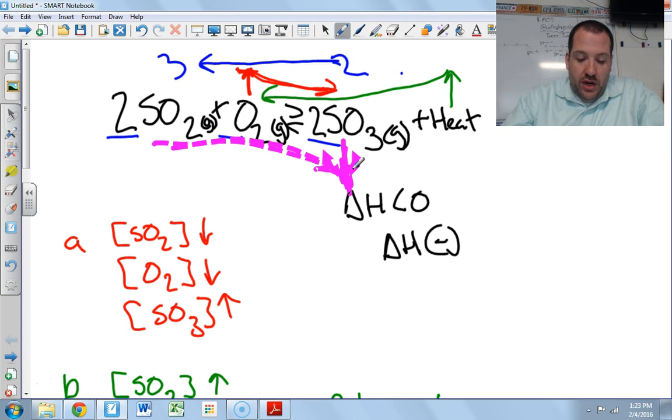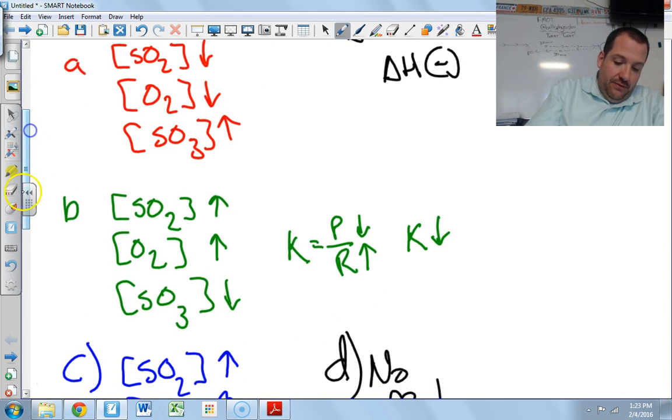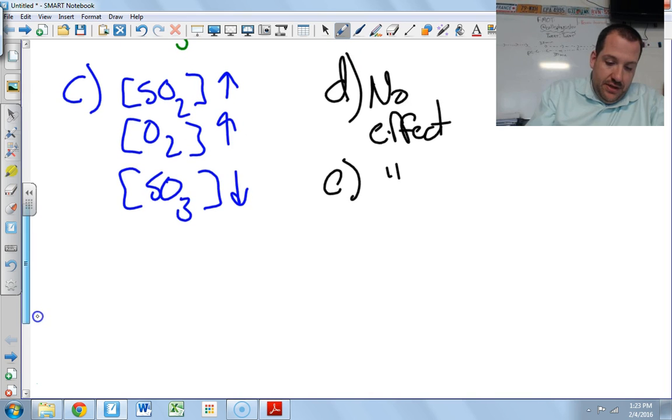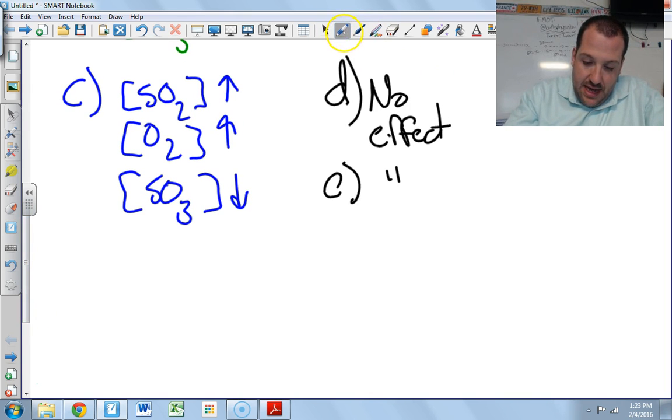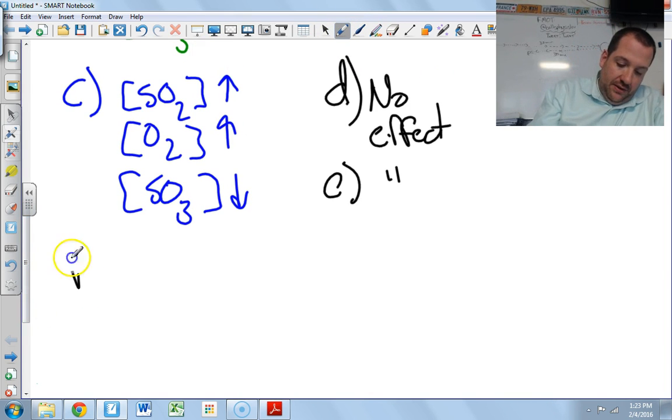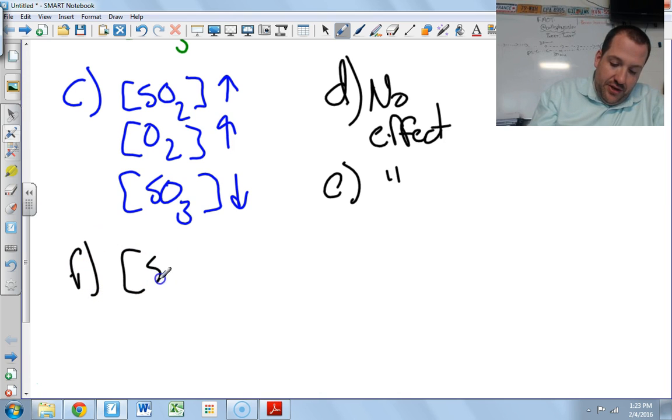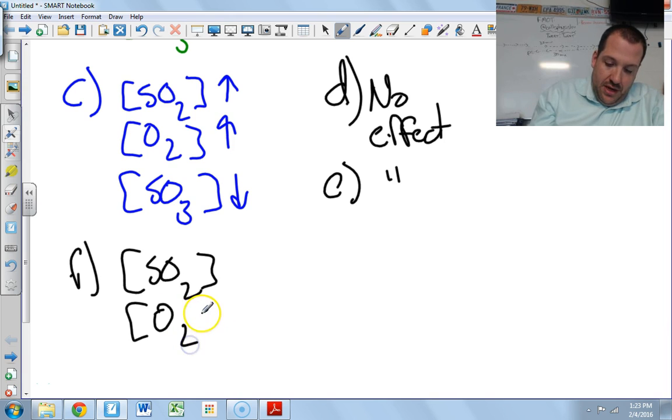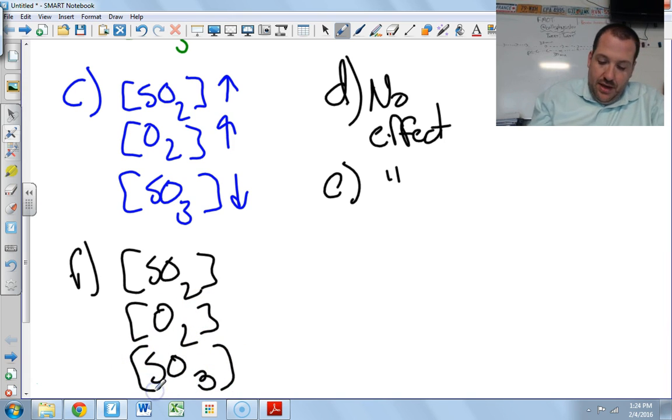So the answer for F is going to be, let's see here. I'm going to write it in this color because it's a little easier to see. For F, the concentration of SO2, the concentration of O2, and the concentration of SO3: it shifted to the right.